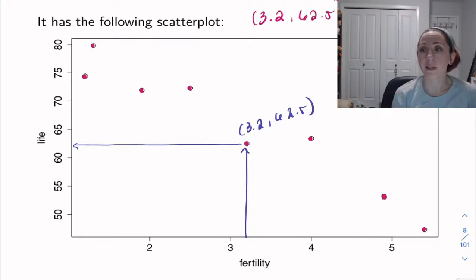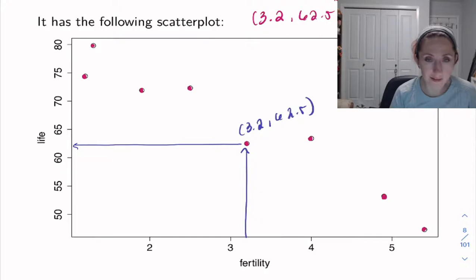Now, looking at these points, why did we make the scatter plot? We want to get an idea of what kind of model we might like to fit. What do I think is the best relationship for this? Remember, I thought there was a relationship between my X and my Y, my fertility rate and my life expectancy. So I went and I gathered some data. Now I'm going to visualize the data set in order to have an idea for myself about what kind of model I would like to put.